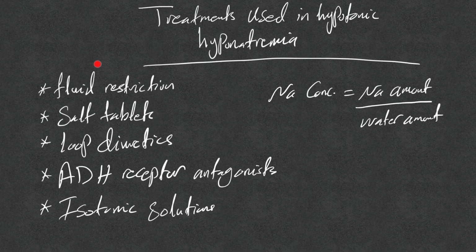Let's go over the treatment options we use commonly in clinical practice for hypotonic hyponatremia. I'm going to mention them quickly and then detail them soon. Fluid restriction: basically, it will decrease the amount of water in the ECF. When we decrease the amount of water here, that means increased sodium concentration.